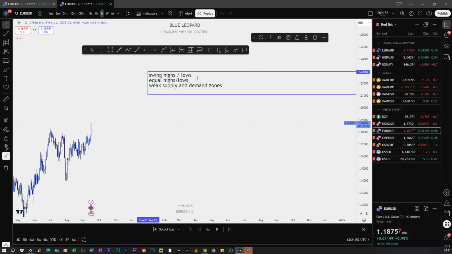Okay, we can also find liquidity inside a range, I mean above or below a consolidation. I have to say above or below consolidation. We also have liquidity in the trend lines.